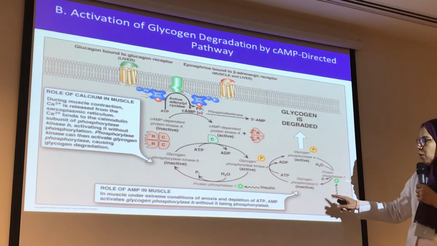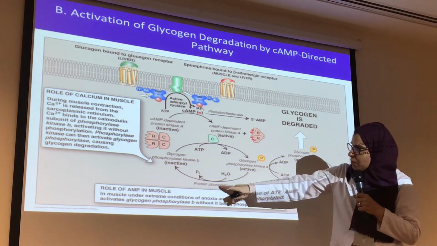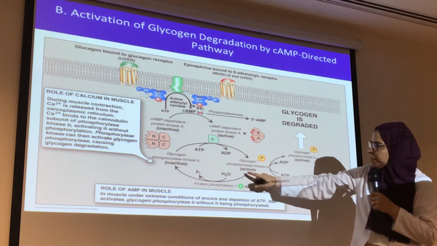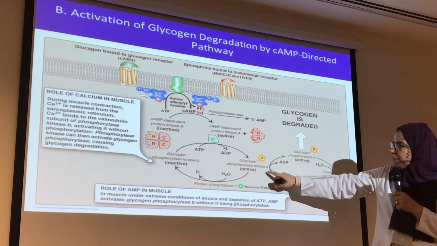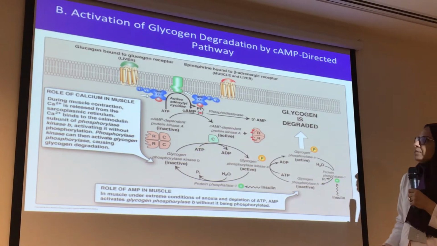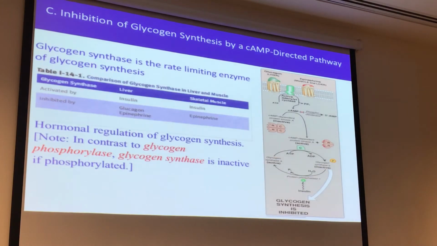So this is also here. Insulin can activate the protein phosphatase 1, which is going to remove the phosphate group from the phosphorylase kinase, making it inactive. Okay, so it's all written here, and this is the summary.